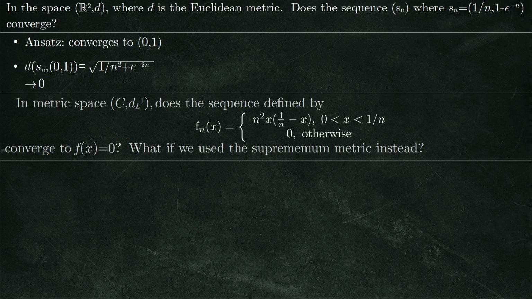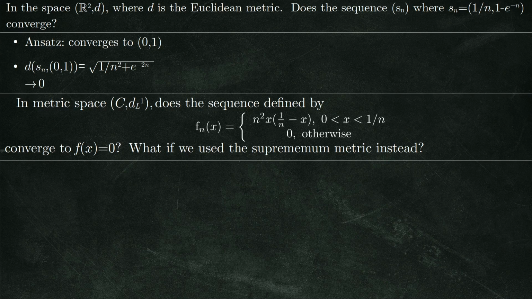Okay, so we've got another example in the metric space (C, d_L1). So C was the space of continuous functions on the domain [0, 1], and d_L1 was the metric defined by the integral of the absolute value of the difference of the functions. And then we have a sequence where f_n is given here.